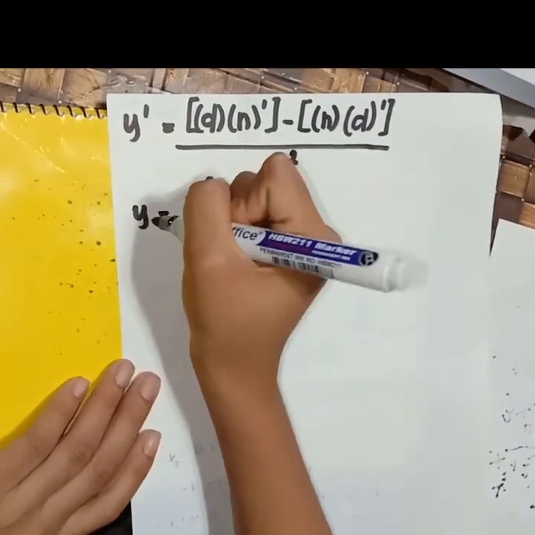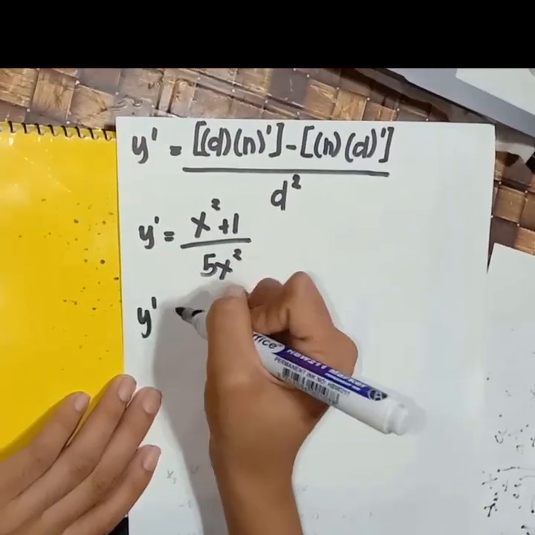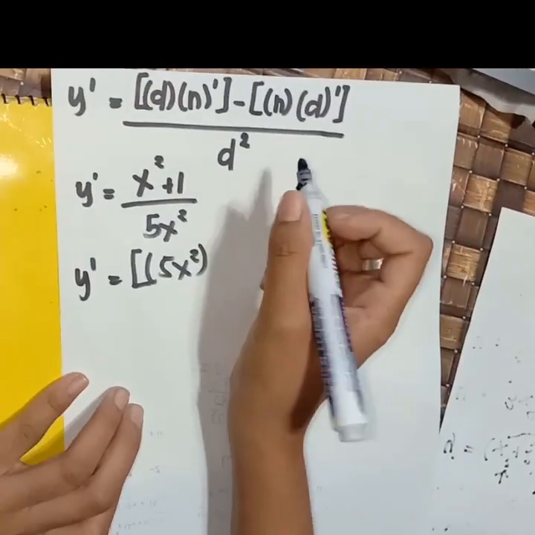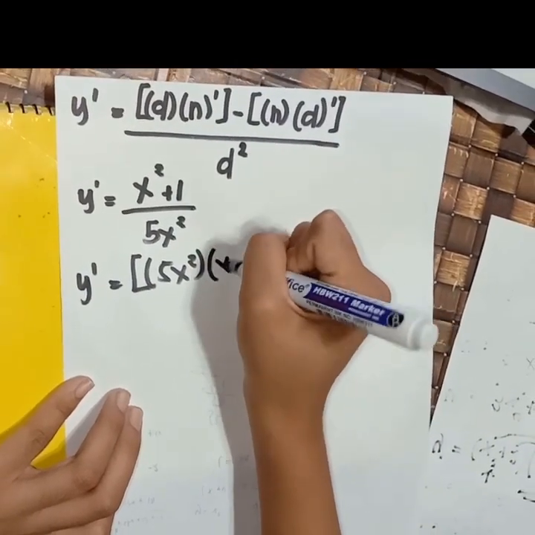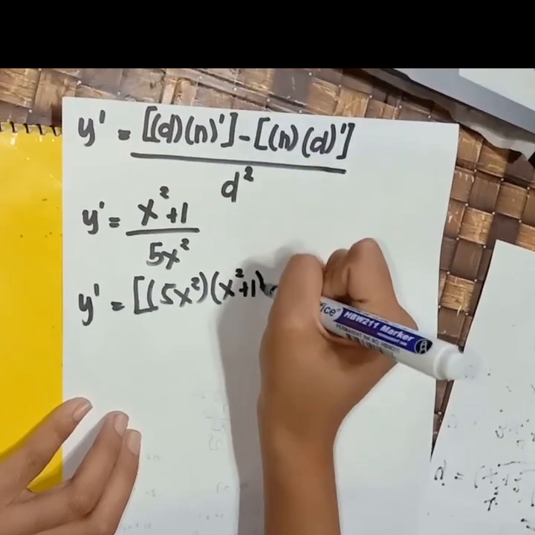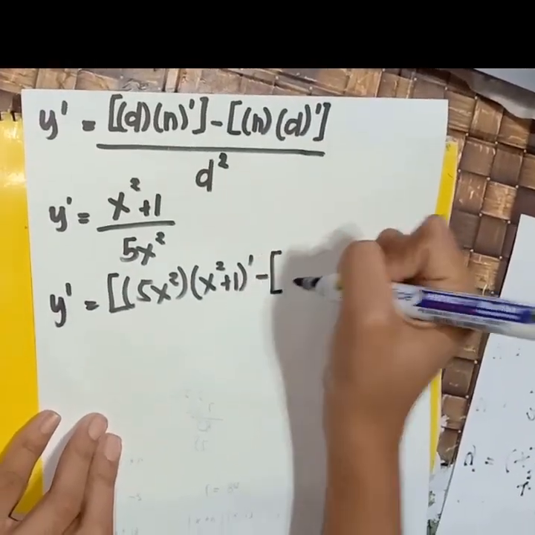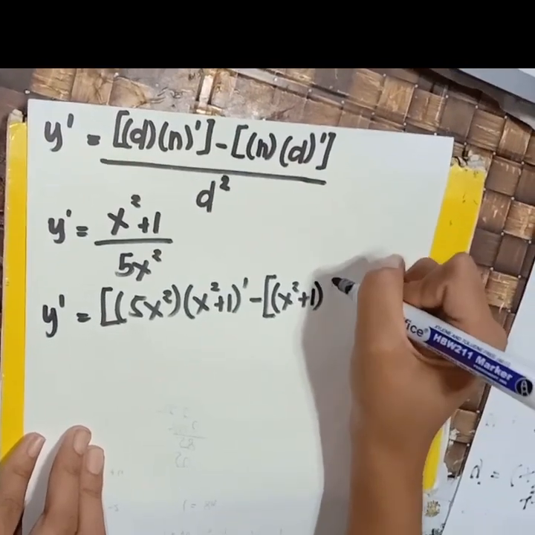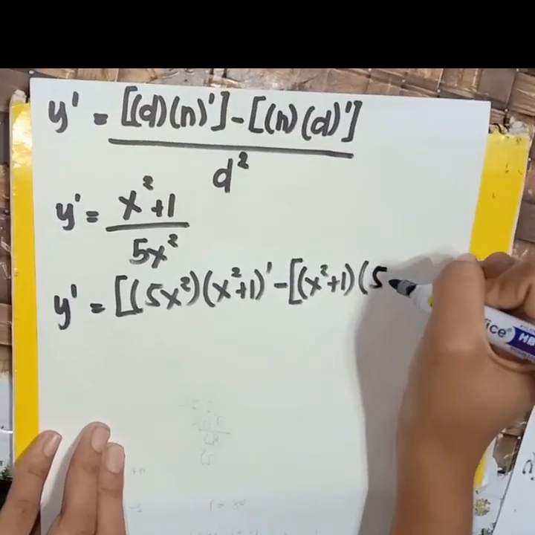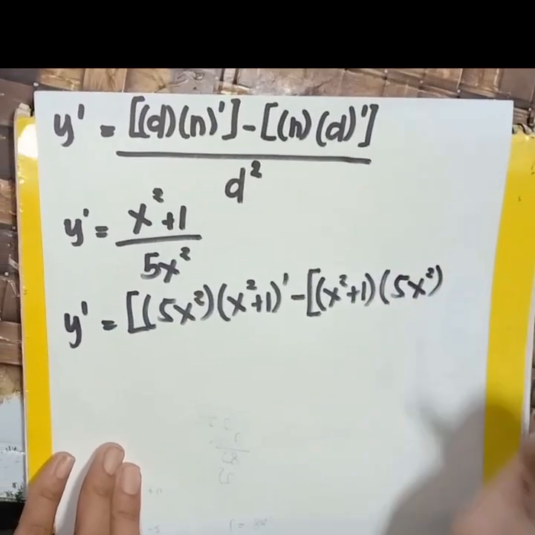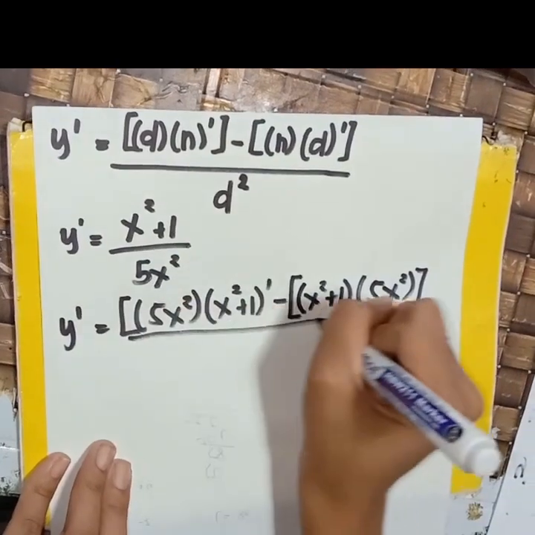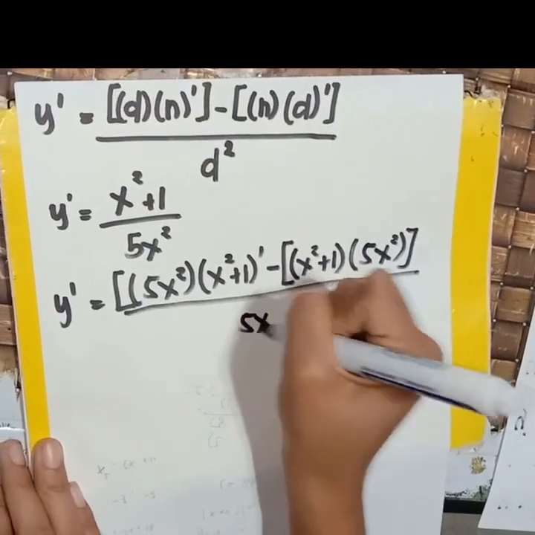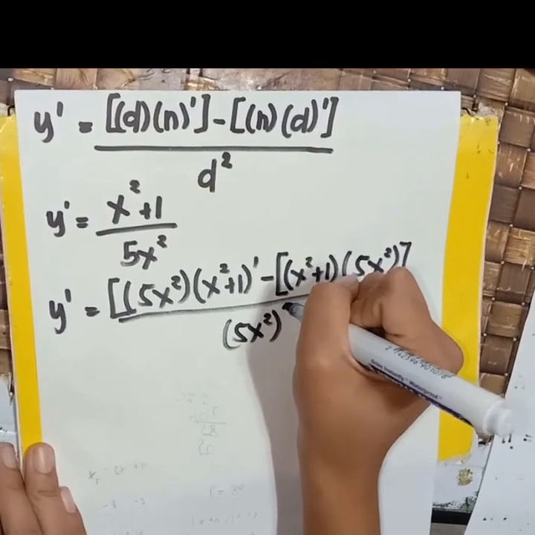First, the denominator, which is 5x squared, times the derivative of the numerator, which is x squared plus 1, less the numerator, x squared plus 1, times the derivative of the denominator, which is 5x squared, over the square of the denominator, which is 5x squared to the power of 2.